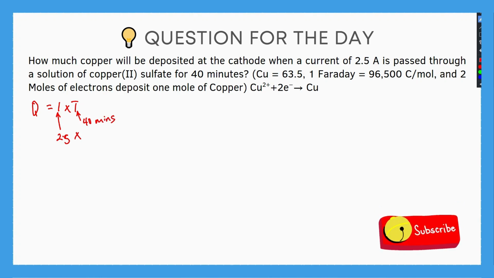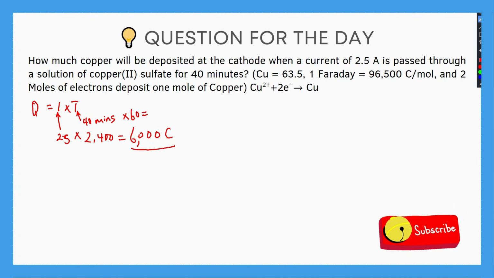To convert this to seconds, we multiply by 60. 40 multiplied by 60 gives us 2,400. So we have 2.5 multiplied by 2,400, which gives us 6,000 coulombs.